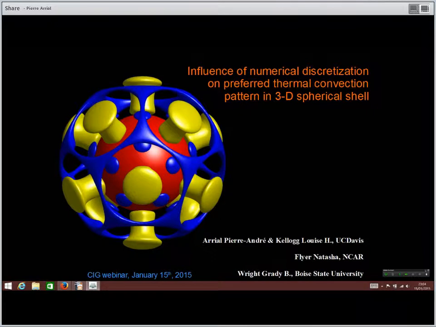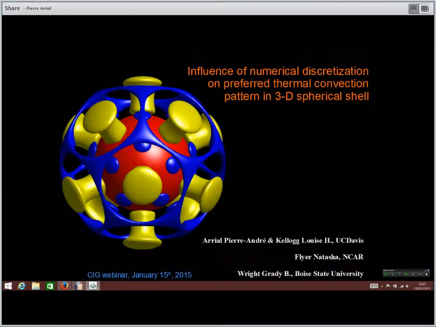And that meeting, as often these meetings do, created some new synergies and introduced me to two mathematicians who were considering how to solve problems on a spherical shell. That's Natasha Flyer from the National Center for Atmospheric Research and Grady Wright from Boise State University.